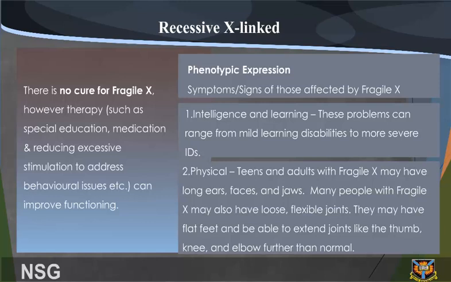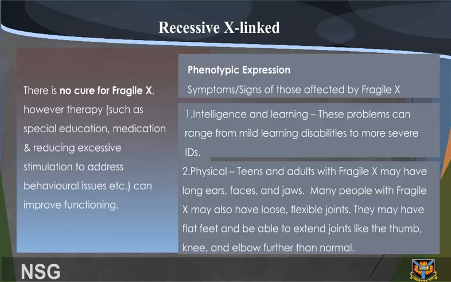Phenotypic expression: symptoms and signs of those affected by Fragile X. 1. Intelligence and learning. These problems can range from mild learning disabilities to more severe intellectual disabilities. 2. Physical.